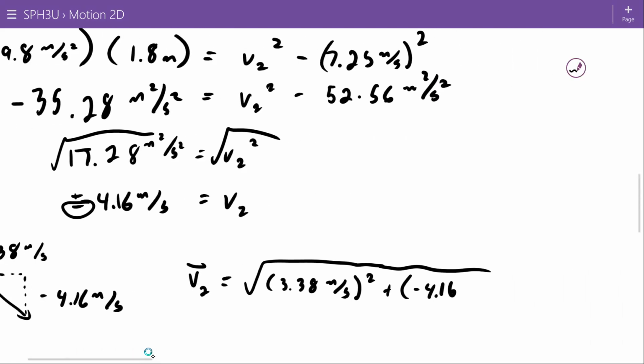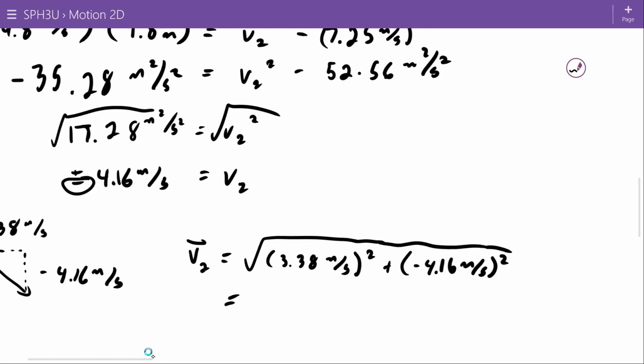I wouldn't mind if you didn't put the negative on this because you recognize it's just going to get squared away. But, you know, just being really thorough, you can put it on there. 5.36 is your sum here.